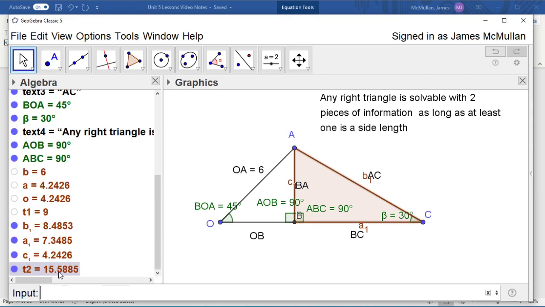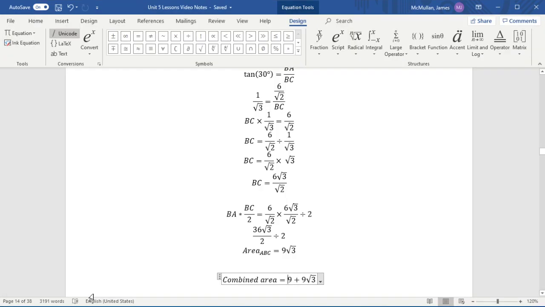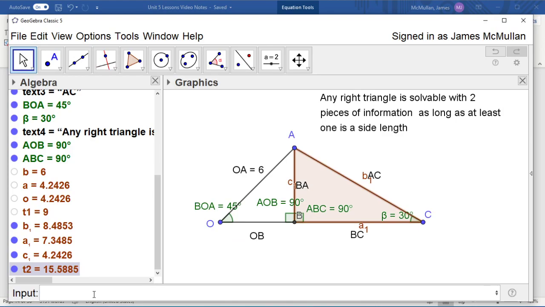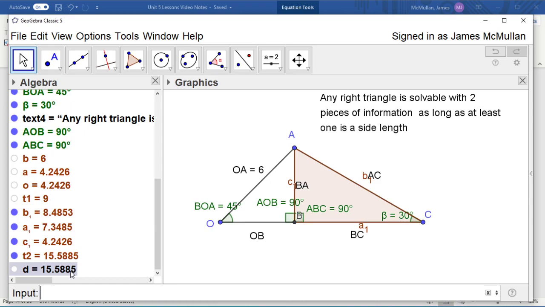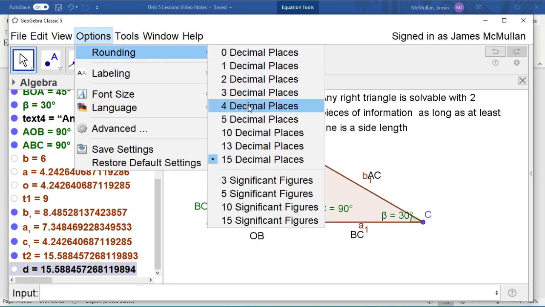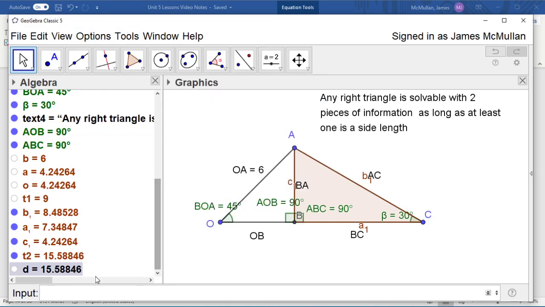It comes up with an area of 15.5885. Let's compare that number to what we think it should be, which is 9 root 3. So 9 times square root of 3 gives us that exact value, right? The exact same number.